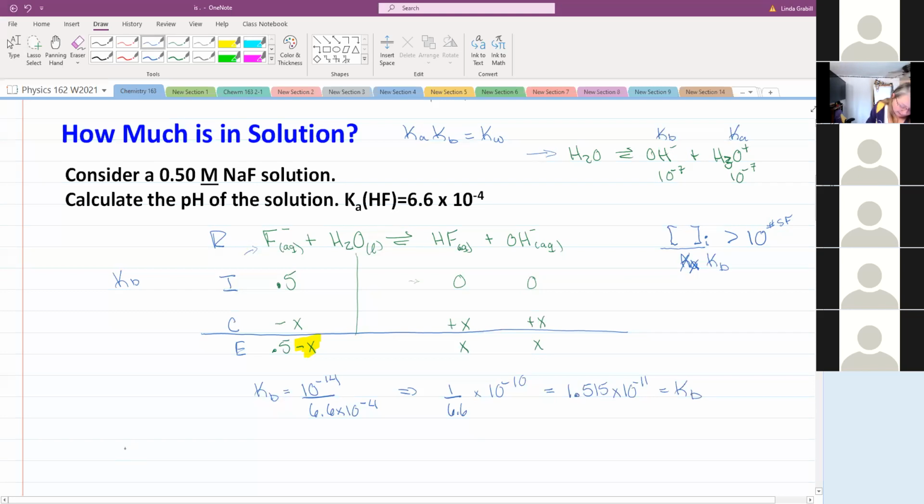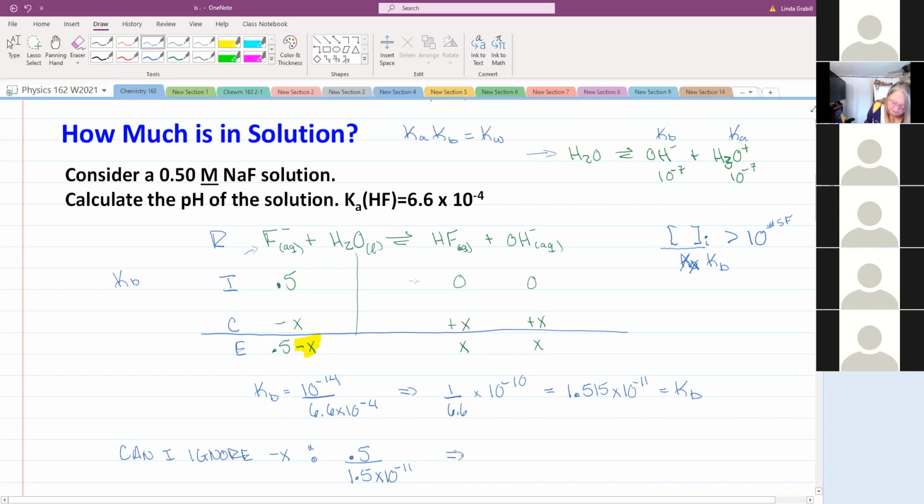So now, can I ignore X? Ignoring my minus X, what do I have? My initial concentration is 0.5, divided by 1.5 times 10 to the negative 11.